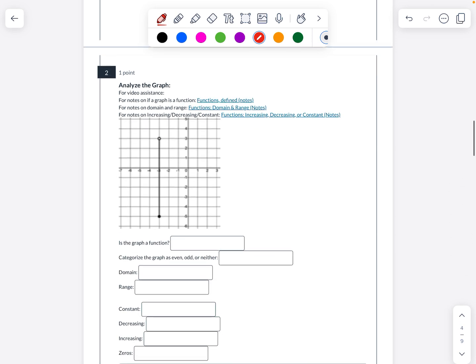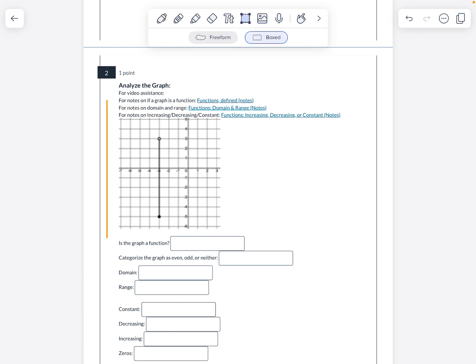Okay, this one. Is the graph a function? Well, the way we determine if the graph is a function is we drop a vertical line and we run it through the graph and we ask ourselves, well, can I put this line on here in such a way that it'll impact it more than once? And yes, it impacts it many, many, many times. So the answer is no, it is not a function.